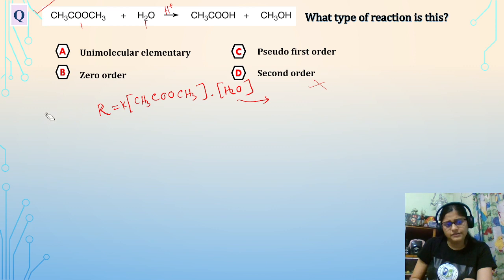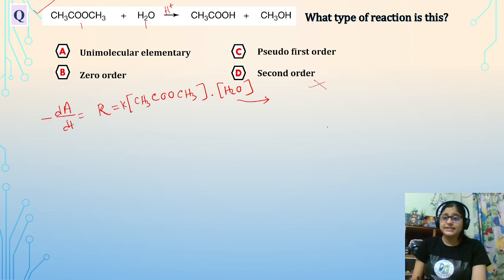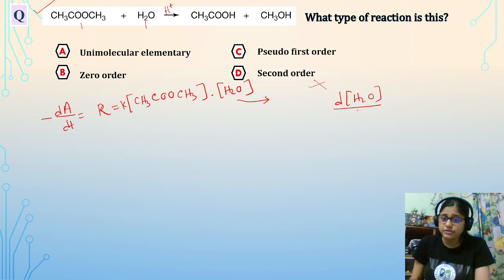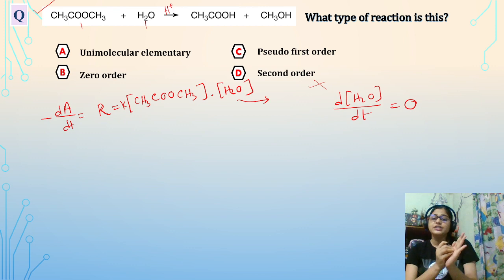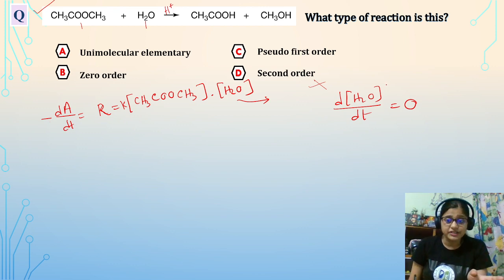If we write minus dA by dt, that will be the rate. But in this case, the rate with respect to H2O, minus d[H2O] by dt, we can't determine, because it will be almost zero. H2O is in huge amount, so we can't find the change of its concentration.